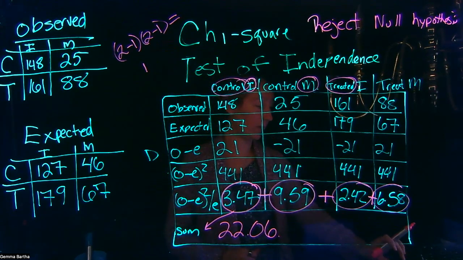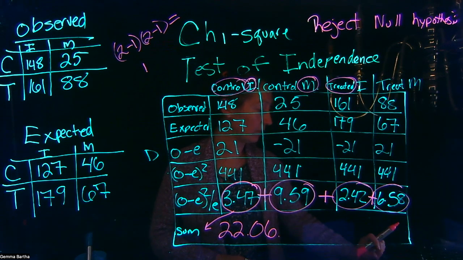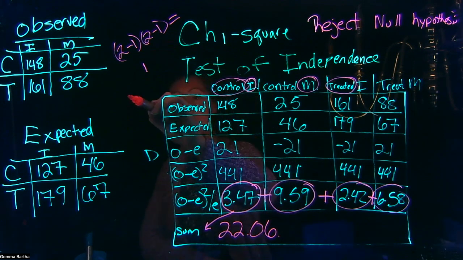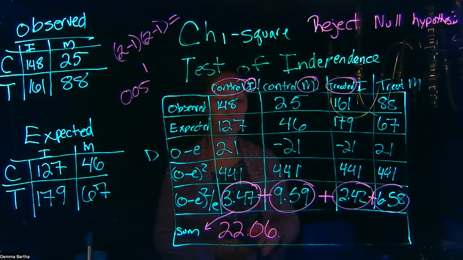You're going to look at your critical value table, which is in, sorry about my puppy, he is crying. So that's going to be in your book. And we're going to be looking at the probability of 0.05. That gives you a 5% probability that this would happen by chance.